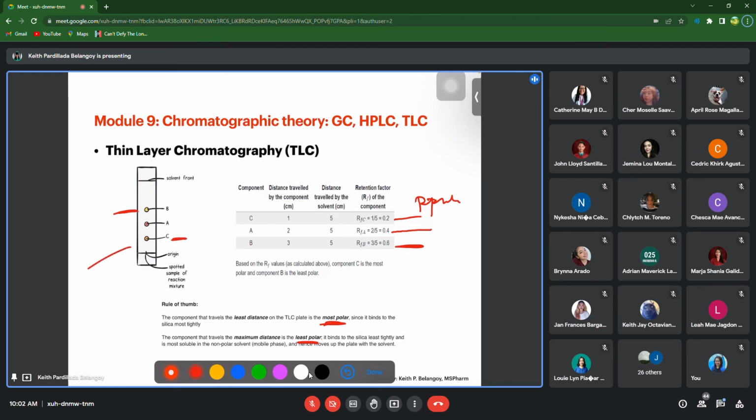You will be asked which spot is the most polar, or can you describe spot B, is it polar or non-polar? So at least that is a hint for the exam. Aside from the simple computation for the RF value, you should also be able to identify which is the most polar and which is the non-polar.